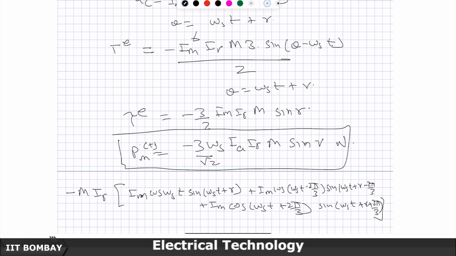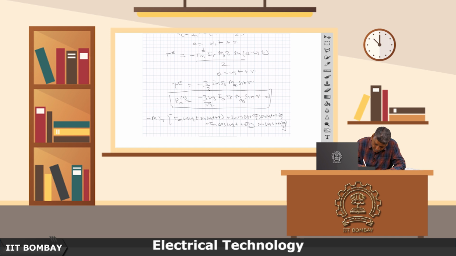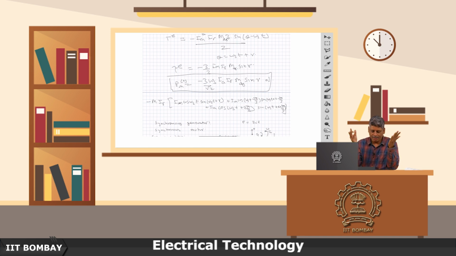This is M a r, this is M a r, this is also M a r. So, this comes as my torque equation, and for a given gamma, therefore, the instantaneous power is now constant and equal to the average power.